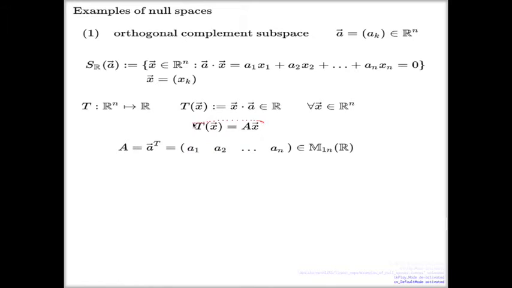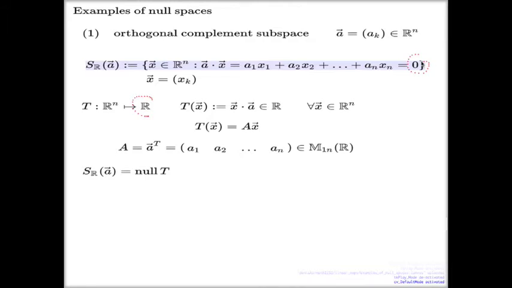But for the purposes of this slide, if you're now convinced that this T is a linear map, all I can say now is that the orthogonal complement subspace, which is this one, is exactly the null space of this specially chosen linear map T. Because the null space of this T is all those vectors which are sent to the zero vector, which in my context is just the zero number.